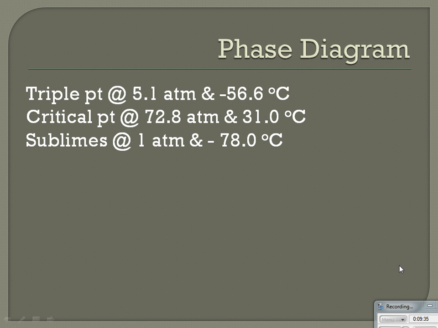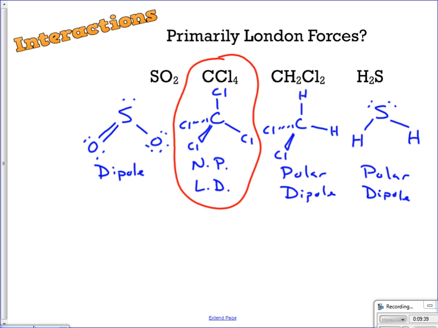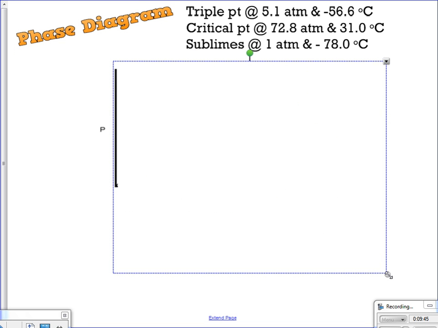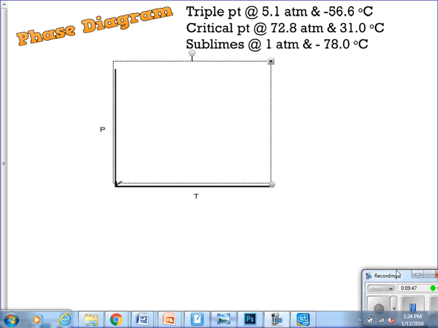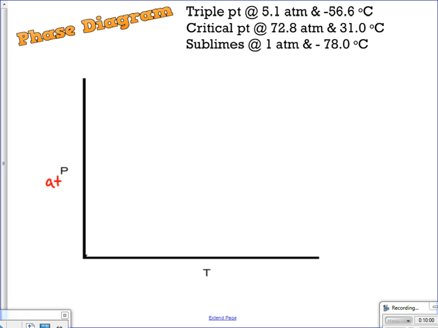All right, finally, we're going to finish by making a phase diagram. So the pressure here is in ATM, temperature is in Celsius.